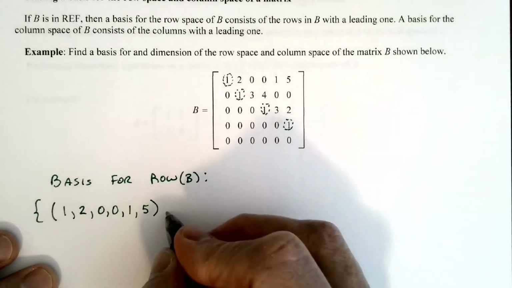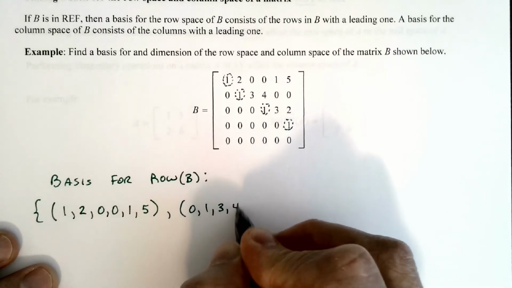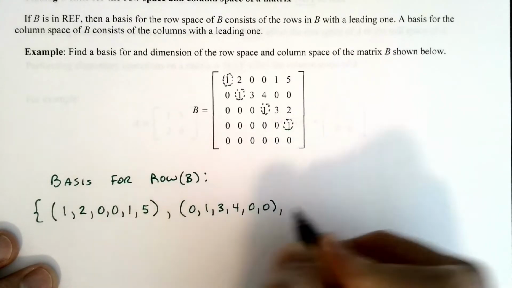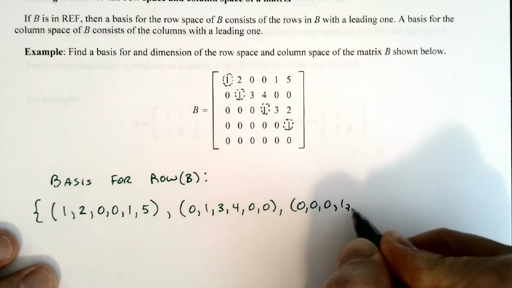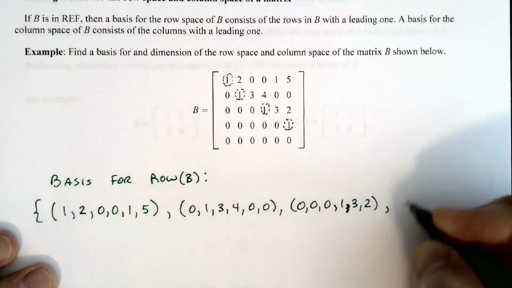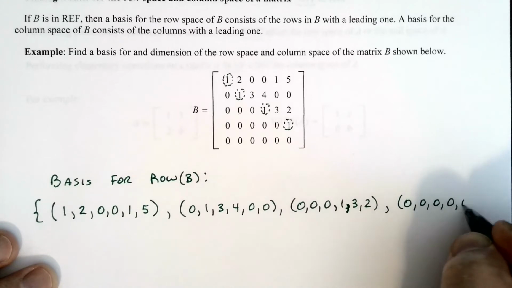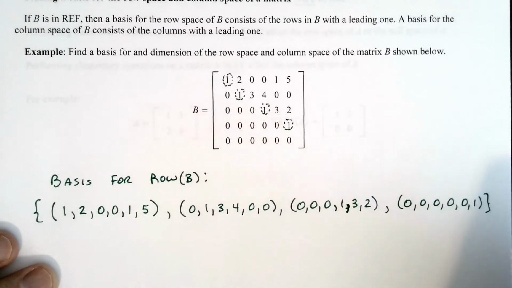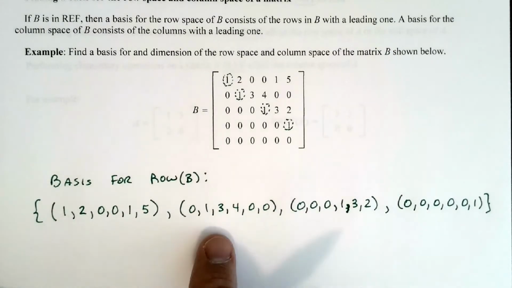It's just easier. Second row, third row, and fourth row. And those are all 6 tuples, and there it is. This is a basis for the row space of B.